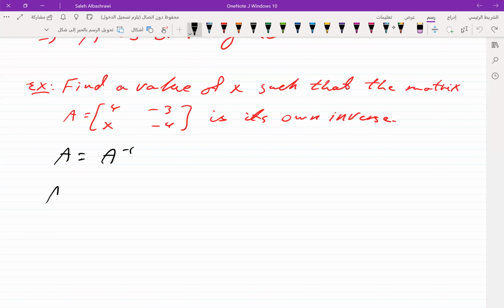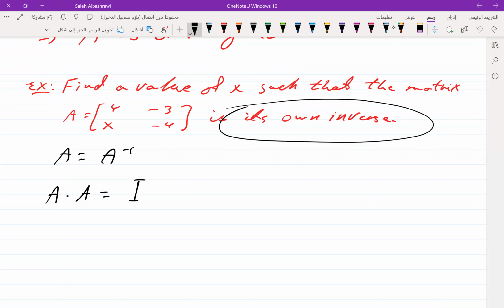So all I need to do is find A times A. This must be equal to the identity. This is the meaning of its own inverse. If you multiply the matrix A by itself, I will get the identity.